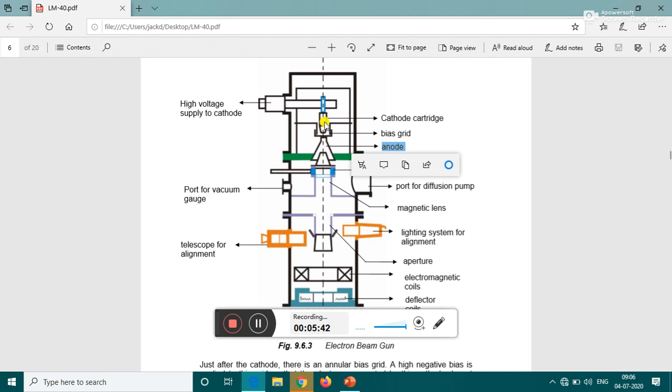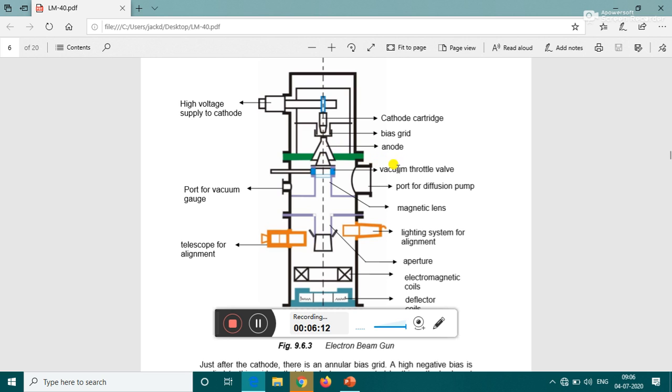Since you need high velocity, the potential difference must be high and the charge must be different, and hence the electrons will be accelerated towards the anode, and the velocity of the electrons is increased. This velocity is almost equal to half the velocity of light. That much velocity is gained due to the potential difference.